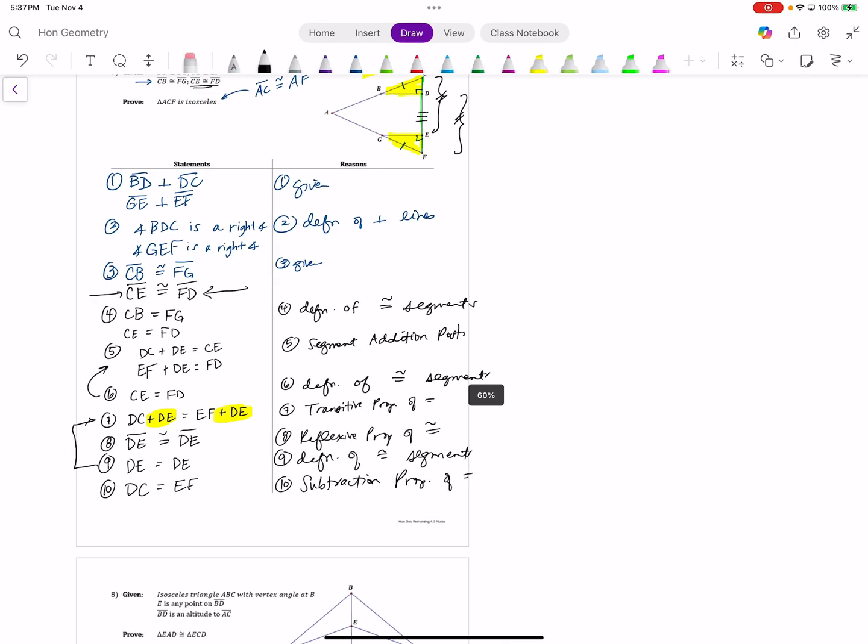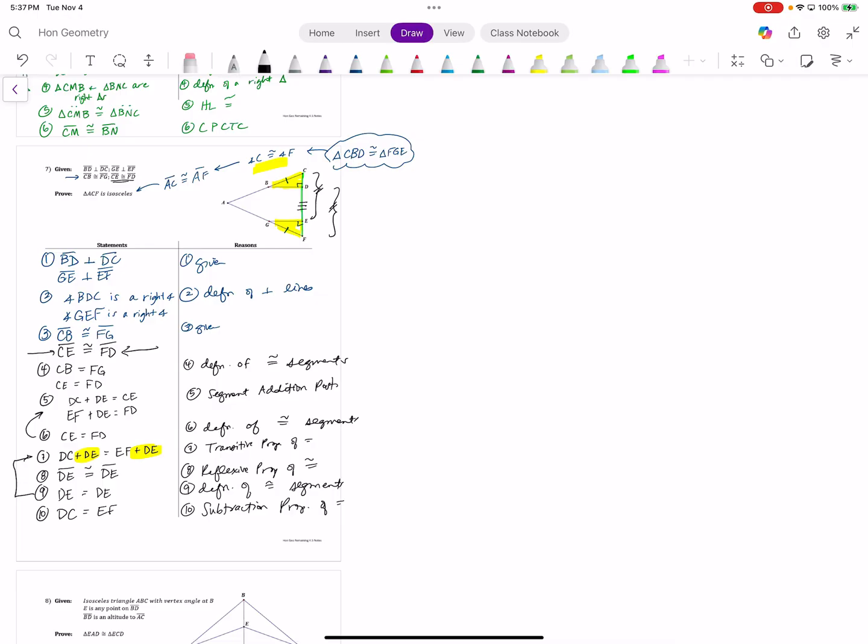All right. Now what was I trying to do? Oh, DC. Okay, so let's make those congruent. DC is congruent to EF because of the definition of congruency. Holy cow.